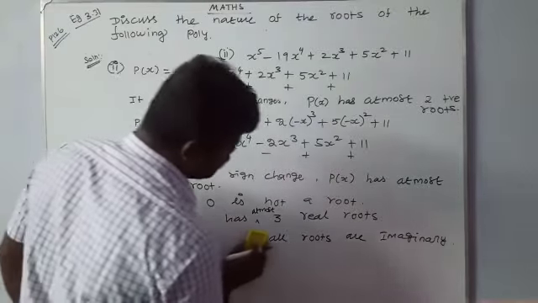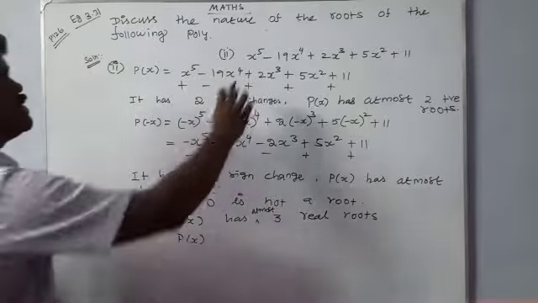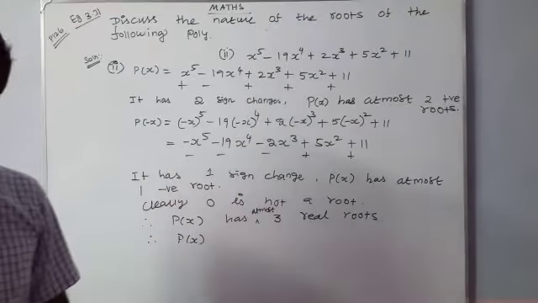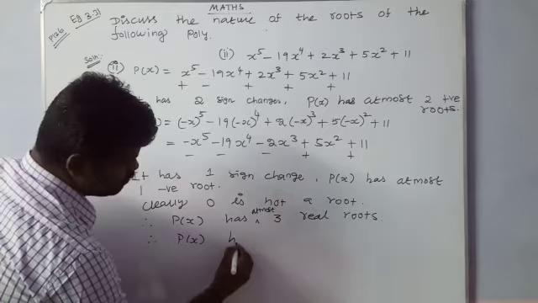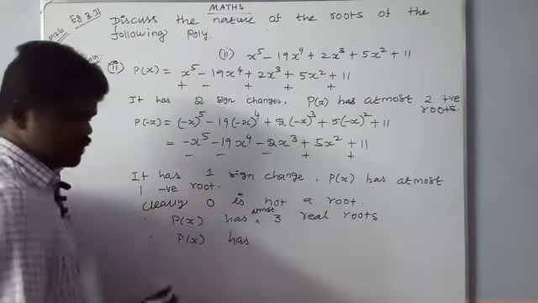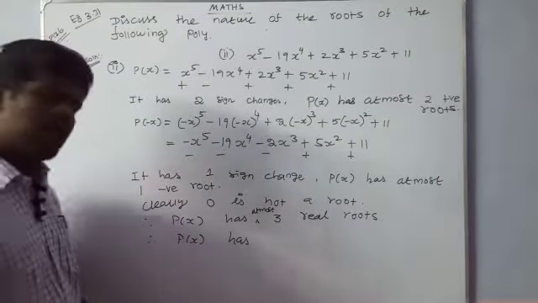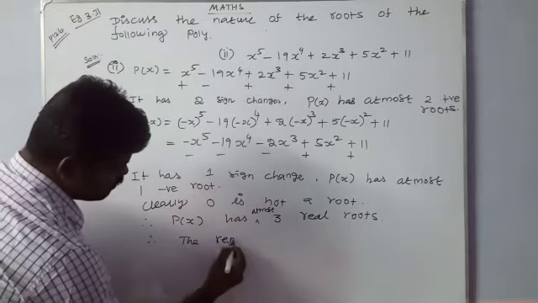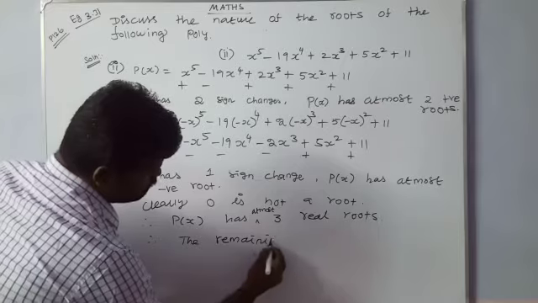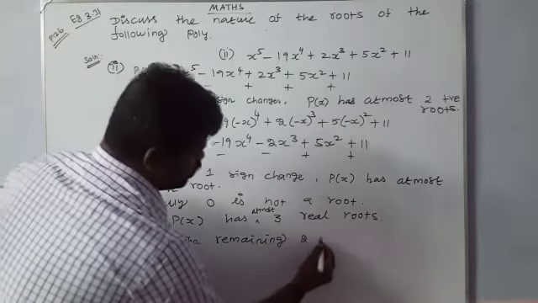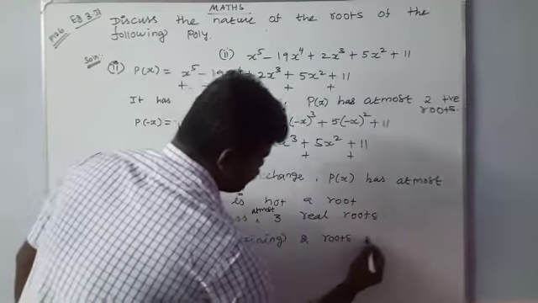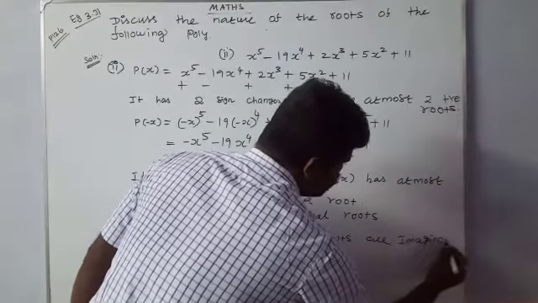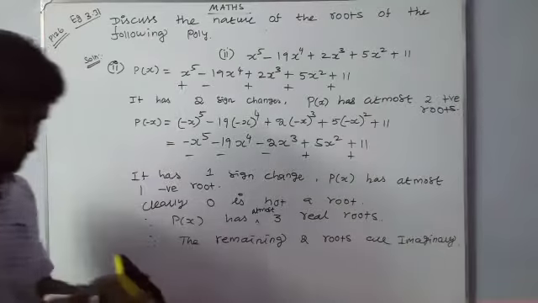How many remaining roots? Because this is a fifth degree polynomial with 3 real roots, p of x has 2 imaginary roots. The remaining 2 roots are imaginary.